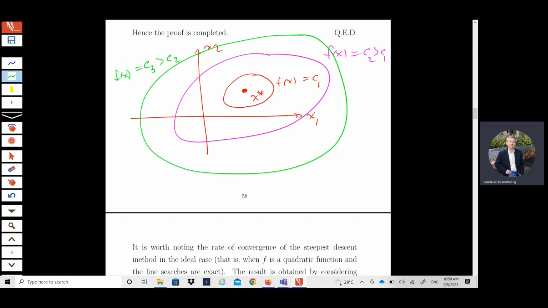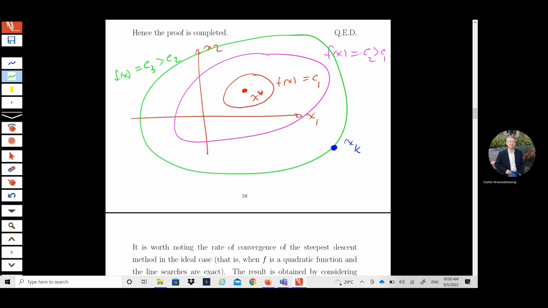Now, suppose the iterate xk is here. This is the iterate xk. How can you find the gradient vector on the plane x1, x2? From third year calculus, we draw the tangent.